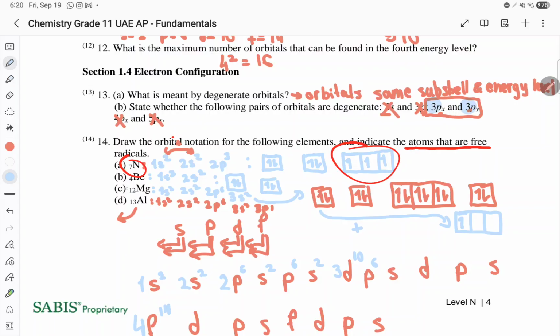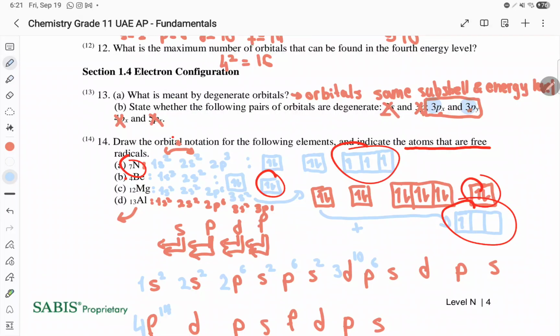Now Mg and Be, they filled their last energy level with the maximum it can be filled with. We can't say the same about Al though. Al is missing 5 electrons, so it is definitely a free radical. Or like it has an electron that's unpaired.